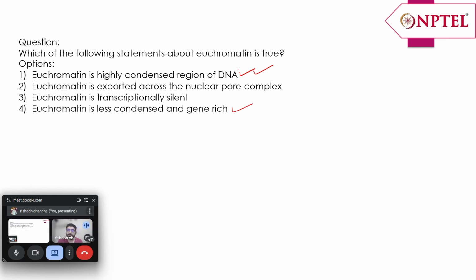Any more answers? Okay, so the correct answer is option number four. That is, euchromatin is less condensed and a gene-rich region.